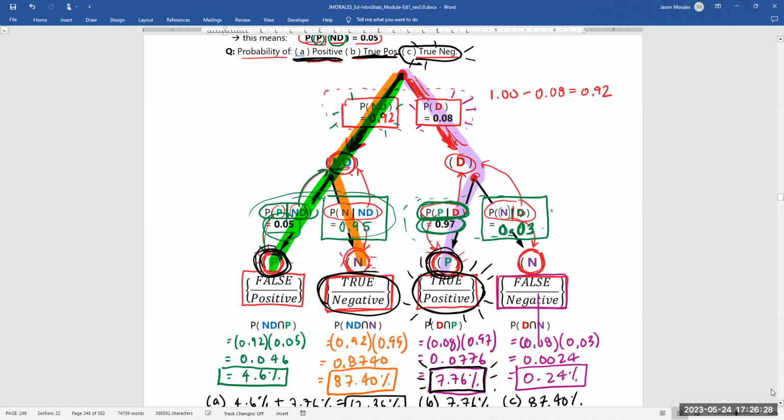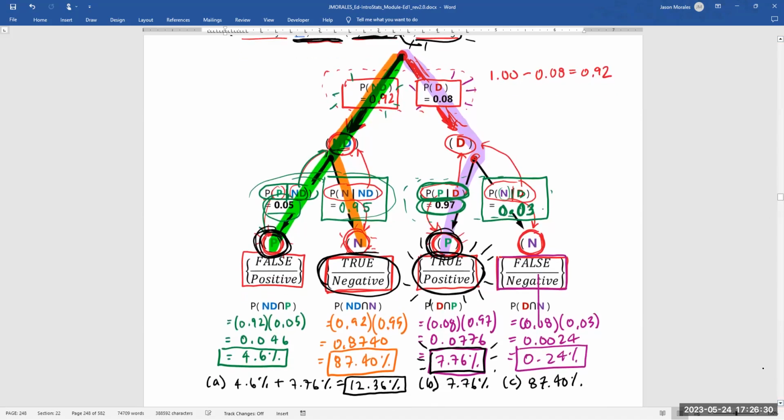So if we look here at a true negative, a true negative is you don't have the disease and you tested negative for it. There's an 87.40% chance of that. So if you take a test and you tested negative, there's a really good chance, a really good probability that you don't have the disease.